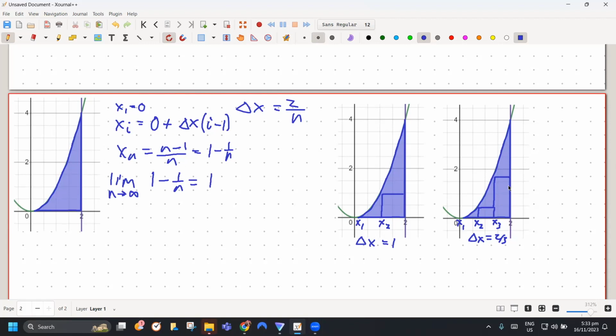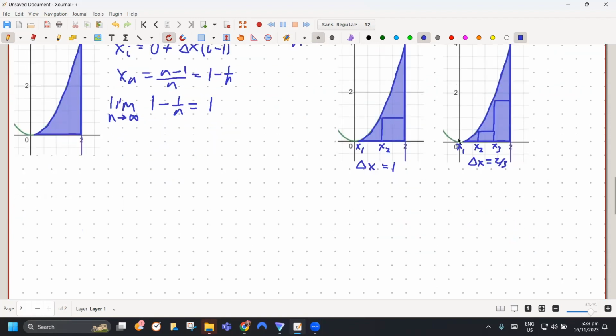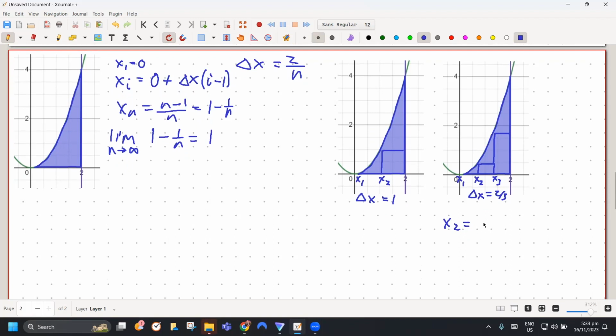So x1 is 0, x2 is equal to 0 plus 2/3, x3 is equal to 2, wow, 4/3. Yes, same. Correct.